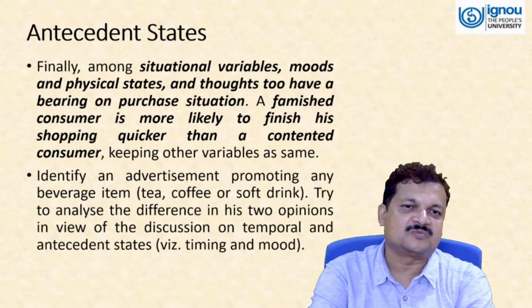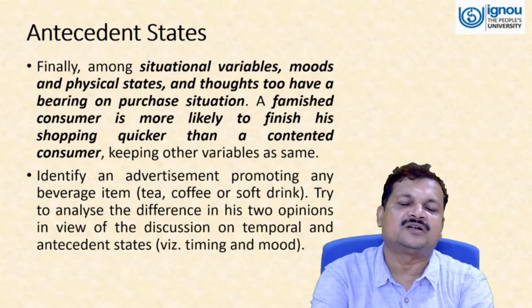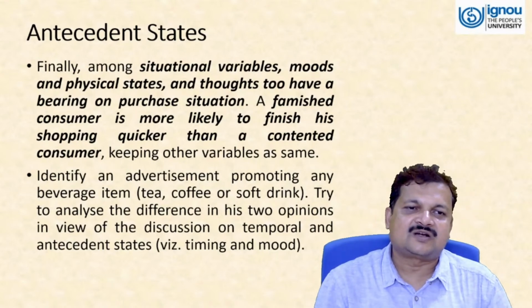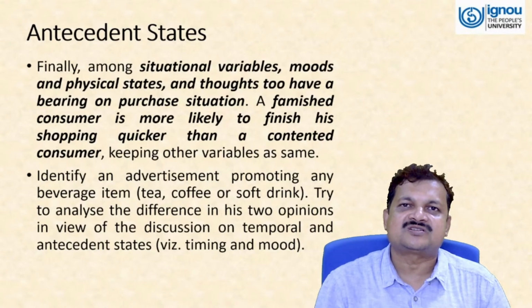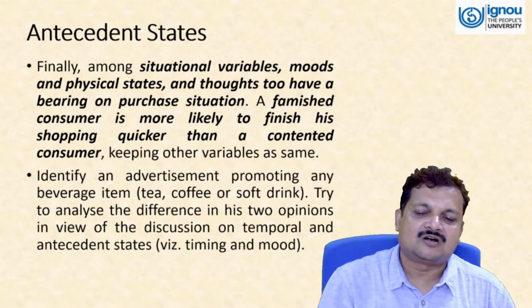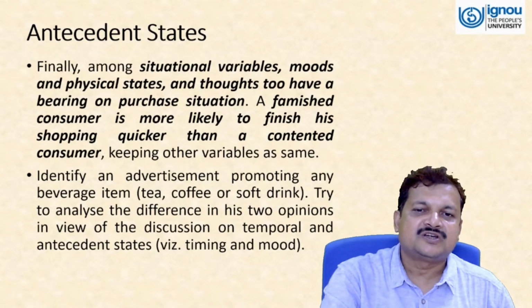Those who are not consuming tea very often might always select coffee. So there is a difference between a regular beverage taker and an irregular beverage taker. The regular beverage taker may go for tea, but irregular customers may go for coffee. If it is a hot or cold form, he might go for soft drinks.